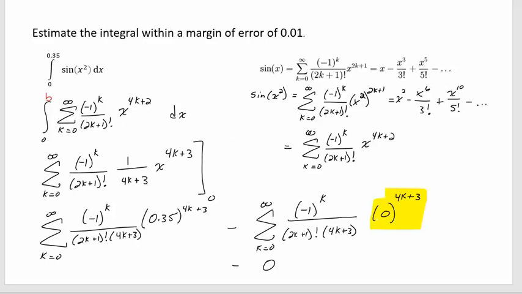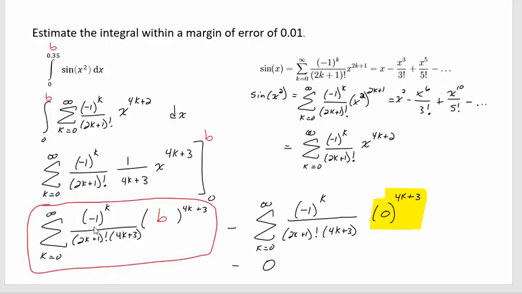So this would be b, and then this would be b. All right, so we could find the integral from 0 to any value b of sine of x squared dx by looking at this alternating series right here. So this is the alternating series for this integral. So let's do that for 0 to 3.